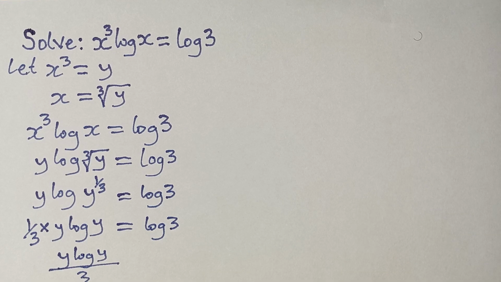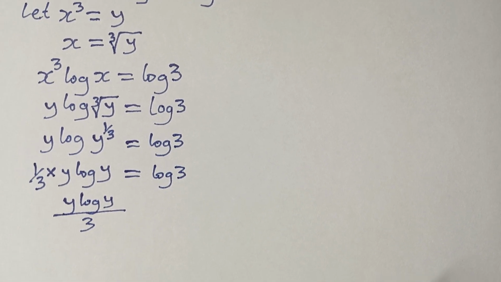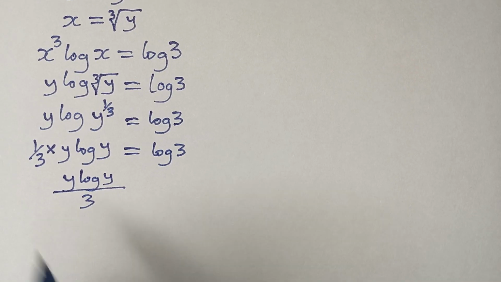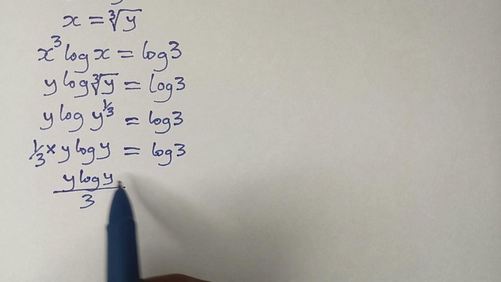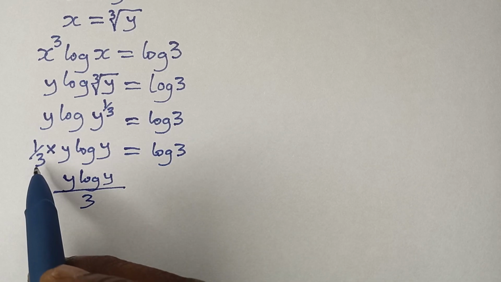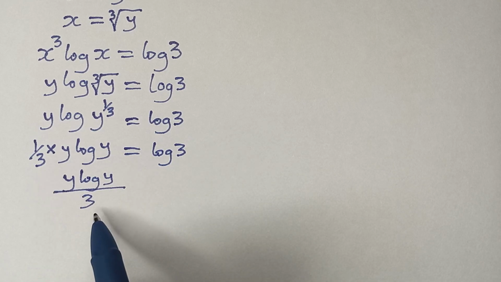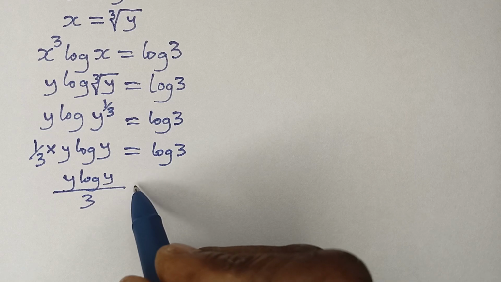So don't forget that simplification. The 1 over 3 multiplied by y log y has become y log y all over 3. So the 3 here is the denominator.